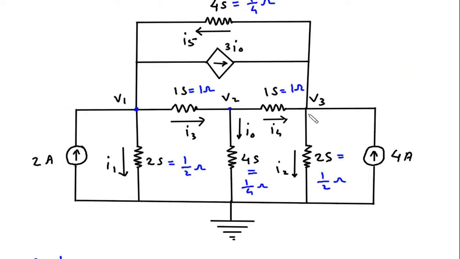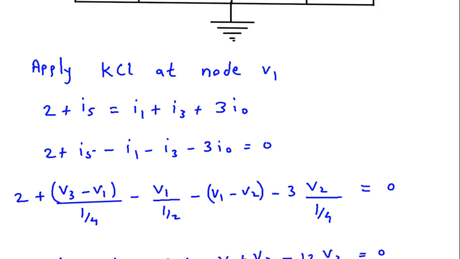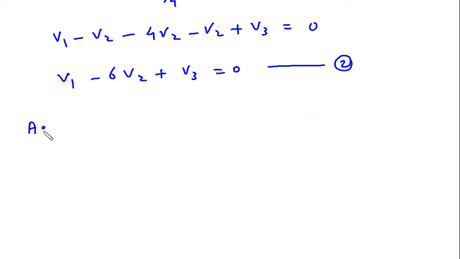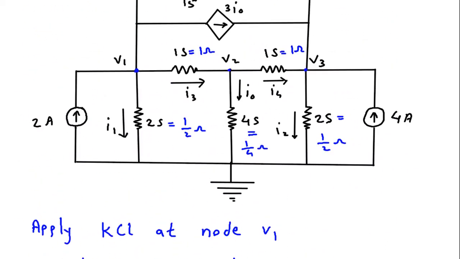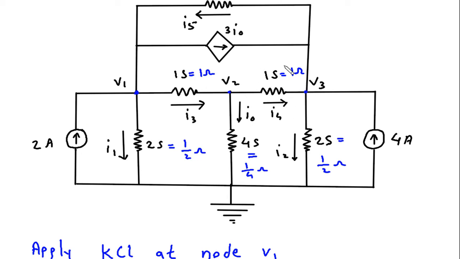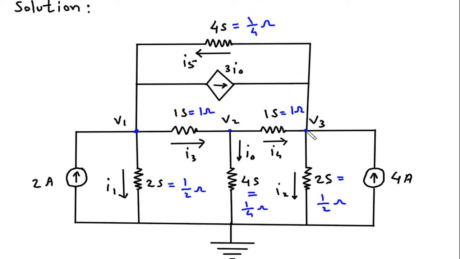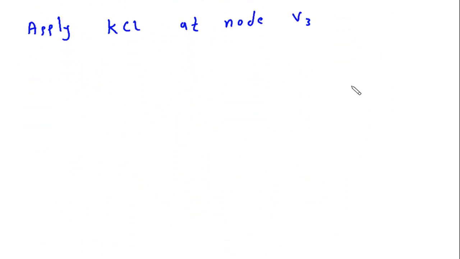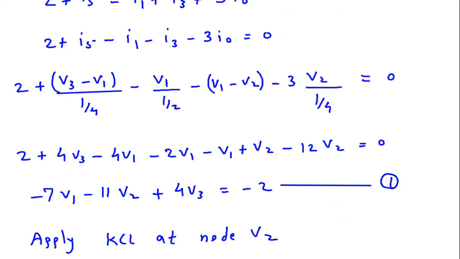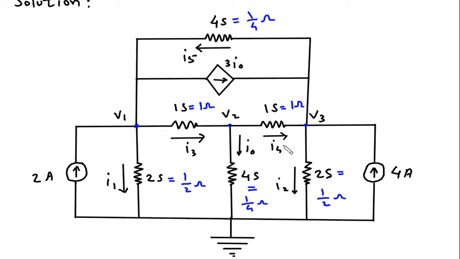Now next we will apply KCL at node V3. So at node V3, entering current is 3IO plus I4, plus 4.